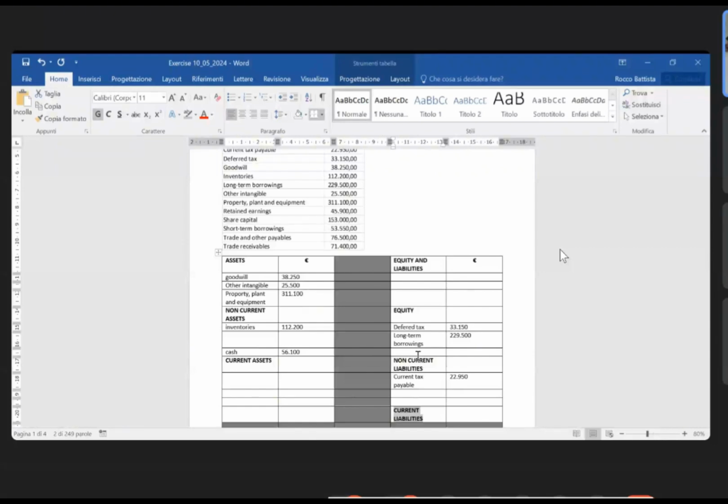So the profit of this year is 1 million, and you decide to give 1 million to your shareholders because it's the profit of the shareholders. But you can even decide to retain your profit inside the company in order to increase your equity, increase your capital. So retained earnings are the earnings of the past years that you didn't give like a dividend to your shareholders. So retained earnings is equity.